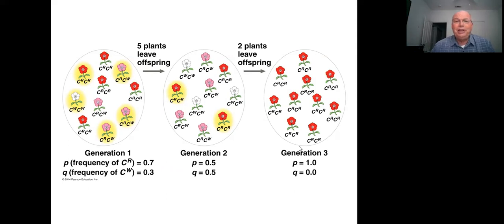In this case, in the second round of replication, only 2 individuals, each containing red alleles, leave behind offspring. And so the population turns out to be all red, only because these individuals were the only ones who had the opportunity to leave behind offspring. Not because they were favored, but they just happened to be the ones that left behind offspring. All the other individuals failed to do so.